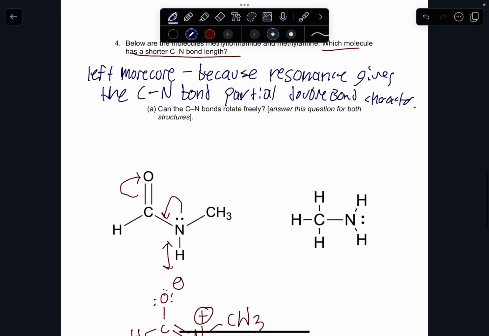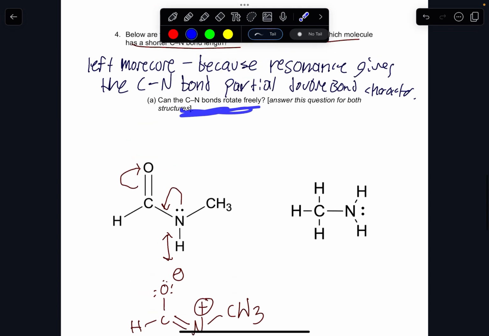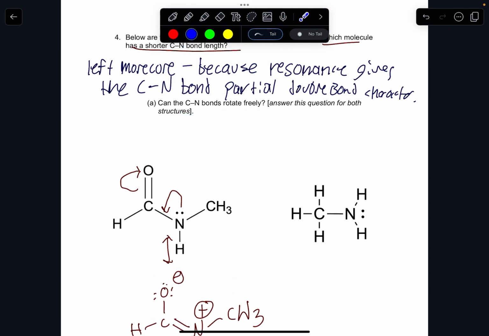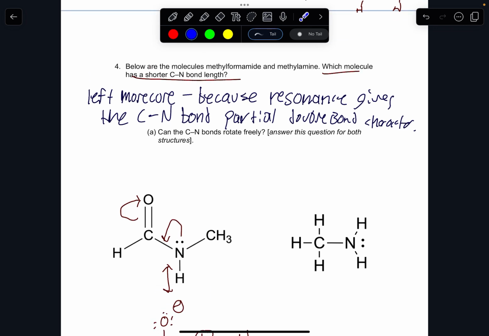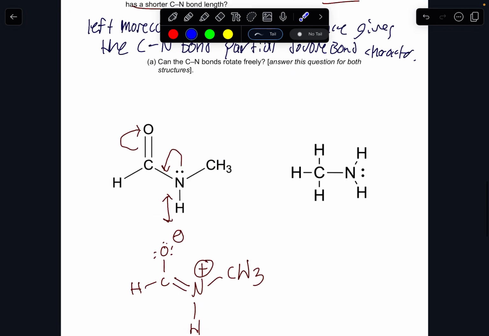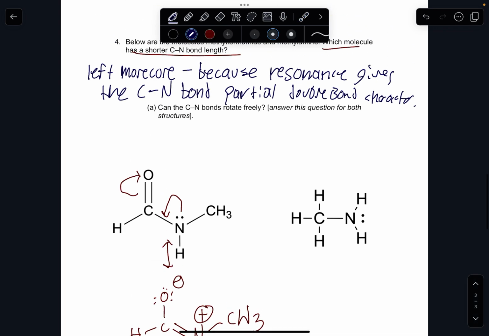All right, can the C to N bonds rotate freely? This is a tough question. I don't think we talked about this in lecture quite yet. But to determine if they can rotate freely, essentially what this relies on is, once again, we're going to have to use our resonance structures here. So you may recall from Gen Chem that single bonds can rotate.